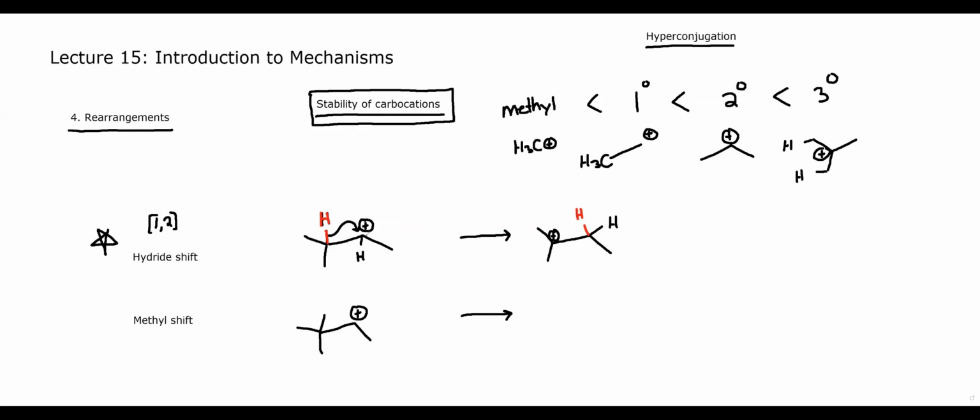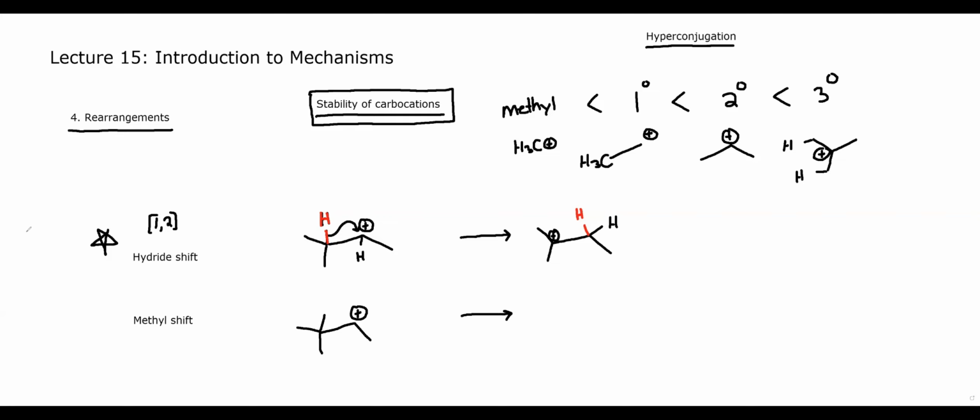If it's shifting over more carbons, it could be 1-3, 1-4, 1-5. We're not going to discuss those in this course. All we're going to look at is this 1-2 hydride shift, where a hydride could hop over to the next carbon atom, thereby shifting the position of the carbocation to where it came from to make it more stable. Okay? So the molecule is just rearranging itself to be more stable.